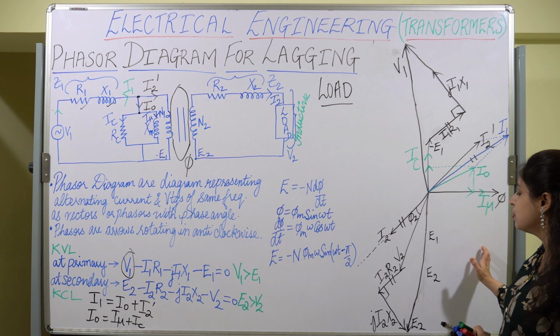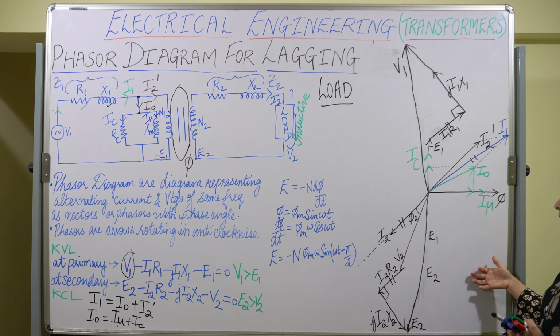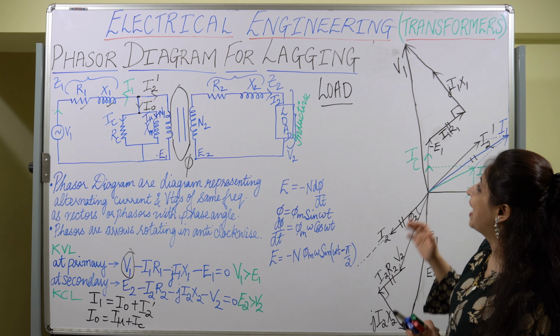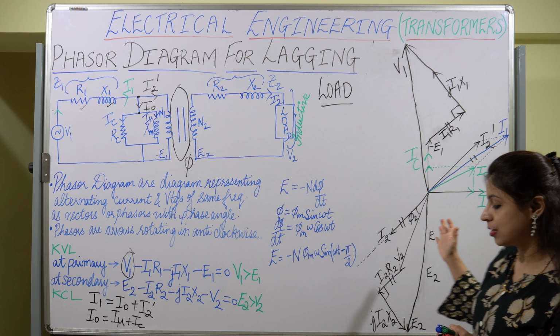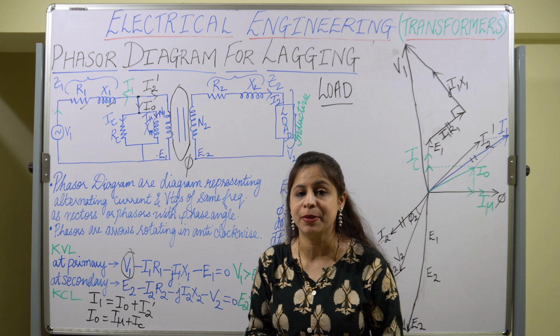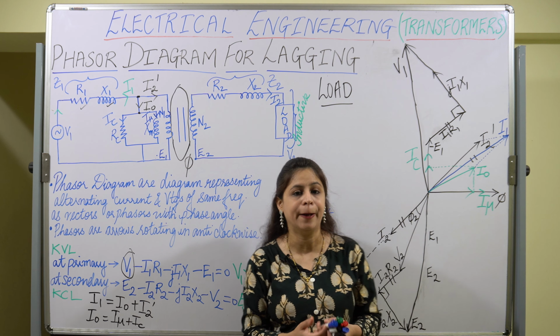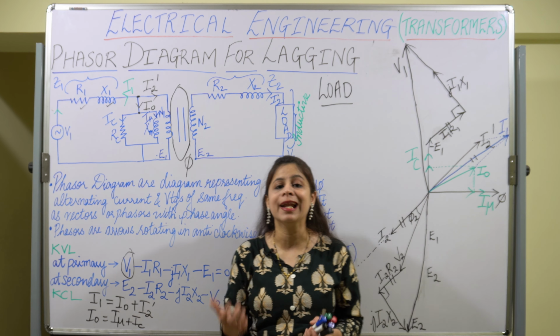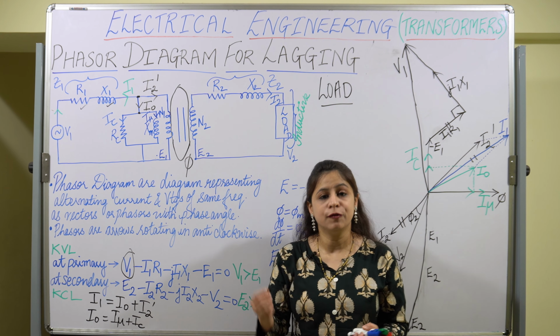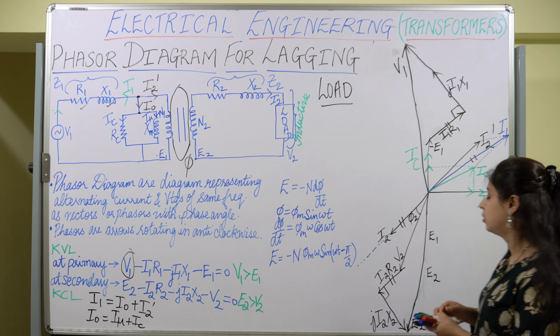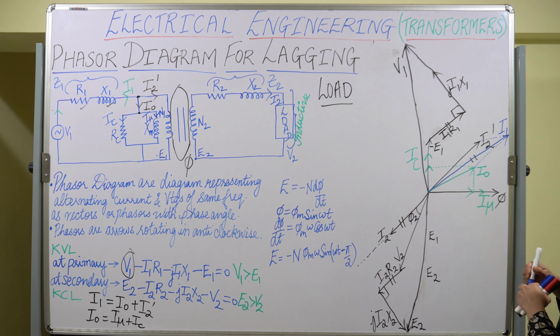So in this manner we need to draw the phasor diagram. This was for the lagging load. In the next videos, we will be drawing for the capacitive load, which is the leading load. In the capacitive load, the current will be leading the voltage by some phase angle phi. We have left the phase angles to be represented.